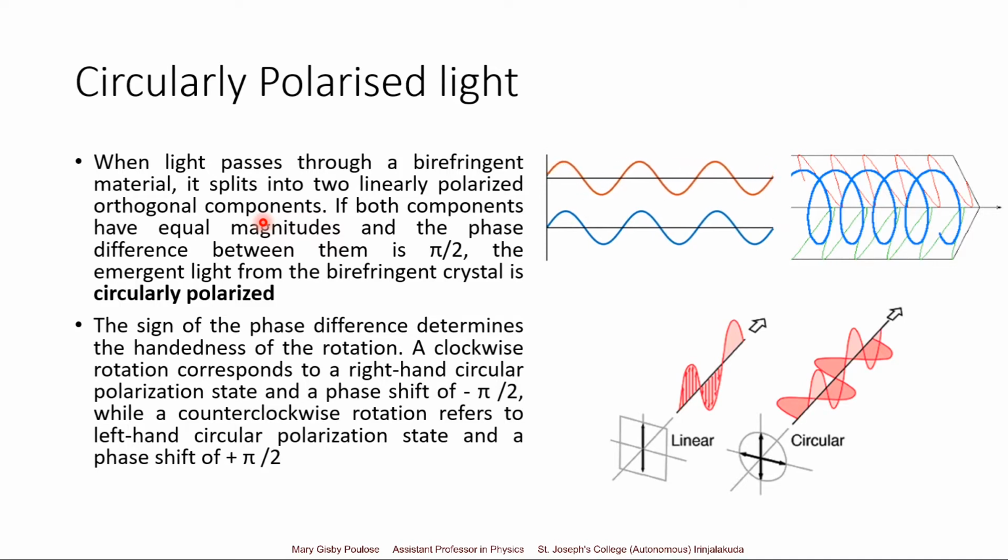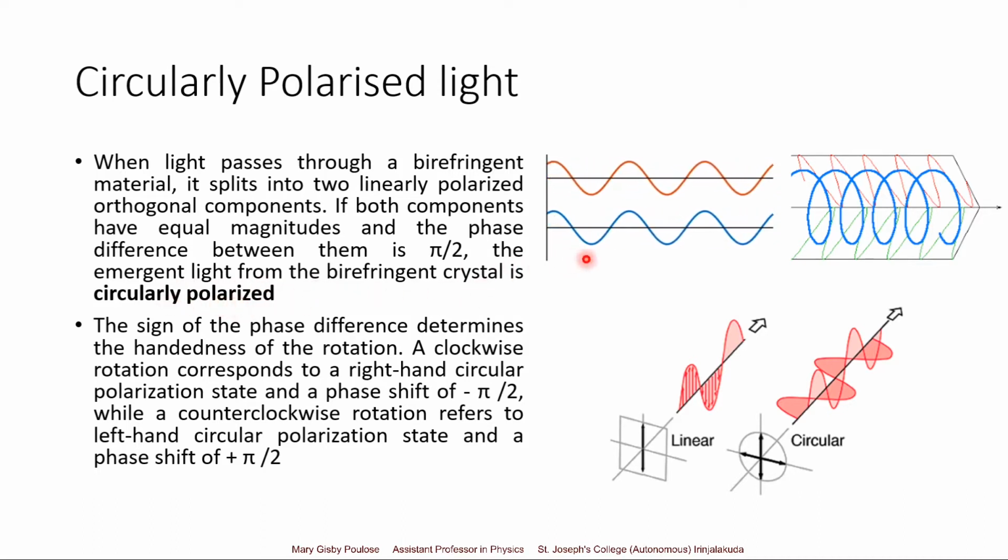Both of them will be plane polarized. If both components have the same magnitude and the phase difference is pi by 2, when emerging, these two beams will superimpose and the emergent light from the birefringent crystal is circularly polarized.